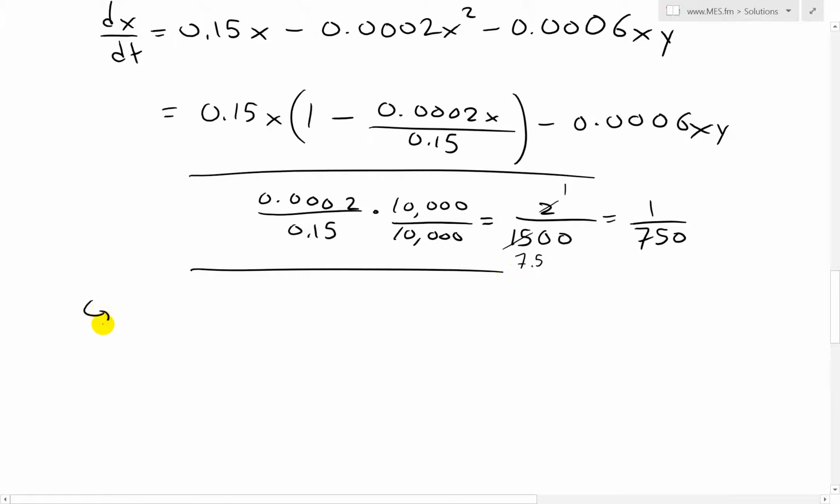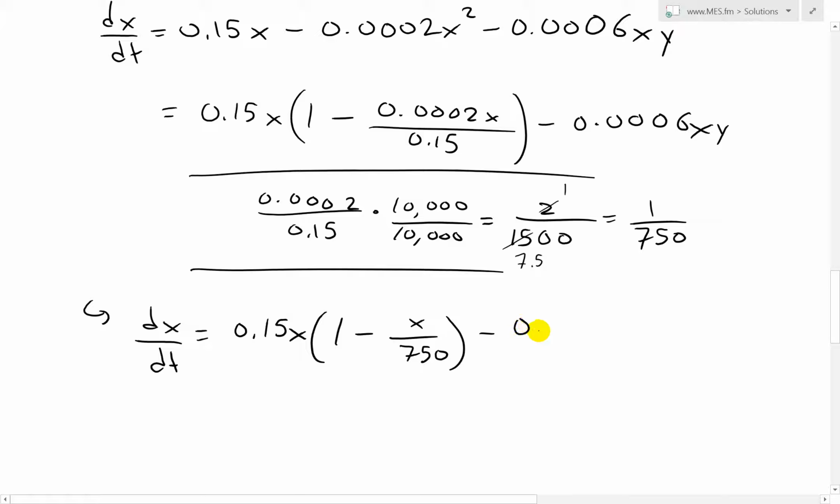So we have dx over dt equals 0.15x times 1 minus x over 750, and then minus 0.0006xy.